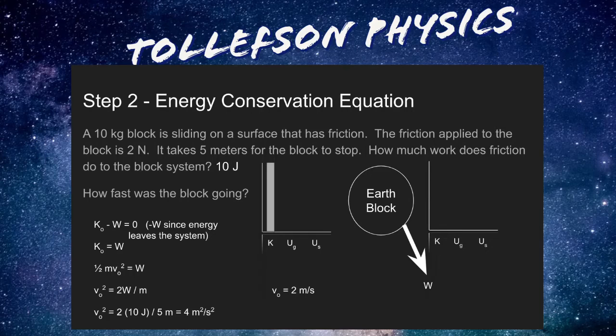Ultimately, I have no energy in the system because it's not changing height, there's no spring, and it's not moving at the end. So the amount of initial kinetic energy does equal the work that is being done because of friction. Once you know that, you can substitute 1/2 mv squared in for the kinetic energy, and then ultimately solve for the velocity as shown here. You should end up with a final solution where the initial velocity was 2 meters per second. So keep working on these problems so that you can improve.